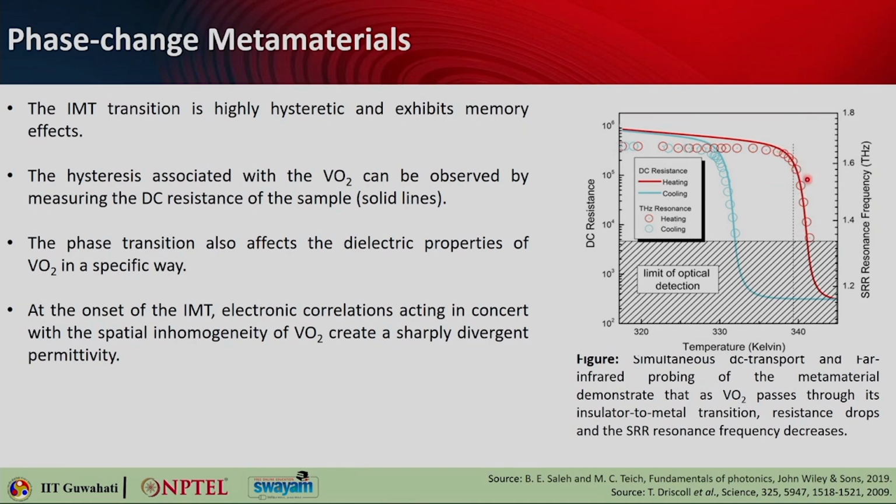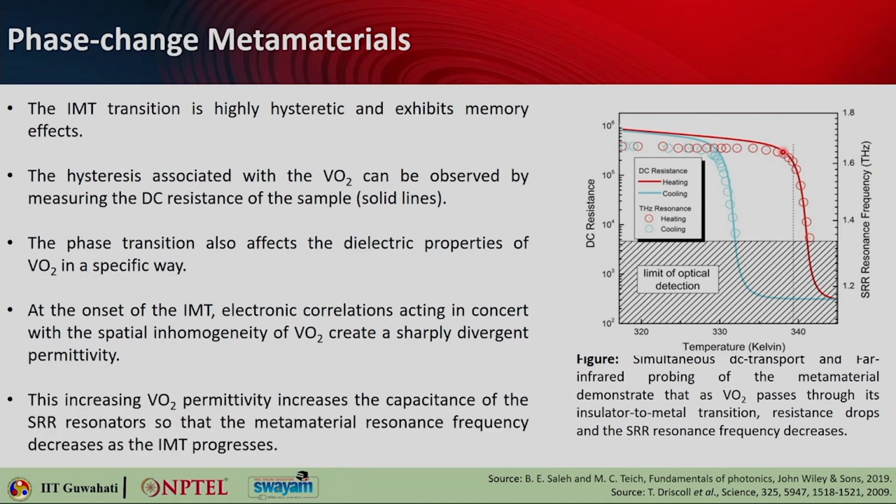Here you see the DC resistance significantly drops, and this is how it creates a kind of hysteresis, because when you come back from this point it does not follow the same path, rather it follows like this and then it goes back here. So, this is the hysteresis.